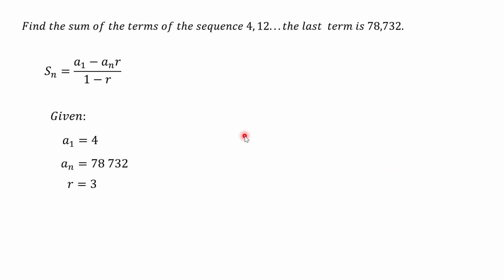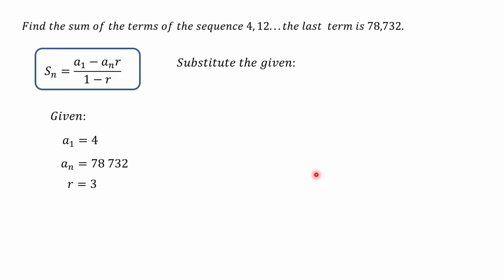So, the same thing, we have to substitute everything sa formula na nakuha natin, this one. Okay? So that is S sub n, kasi hindi natin alam pang ilang term to si 78,732.